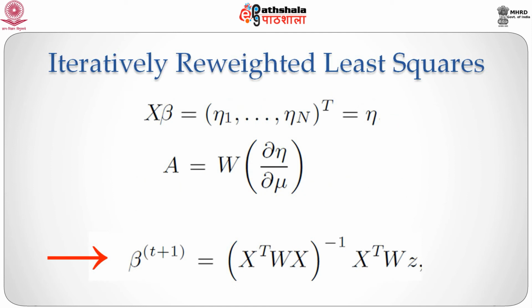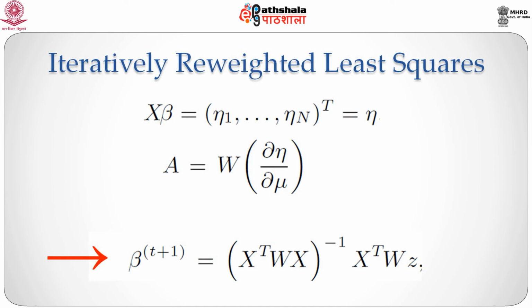Well, note that X beta is actually eta, and if you have found out the matrices A and W, you will see that they are related by the form A is equal to W into d eta d mu.